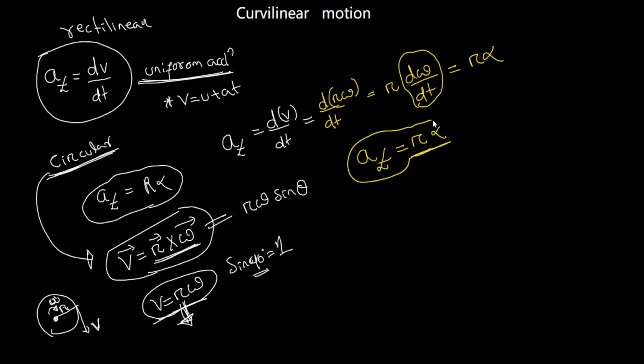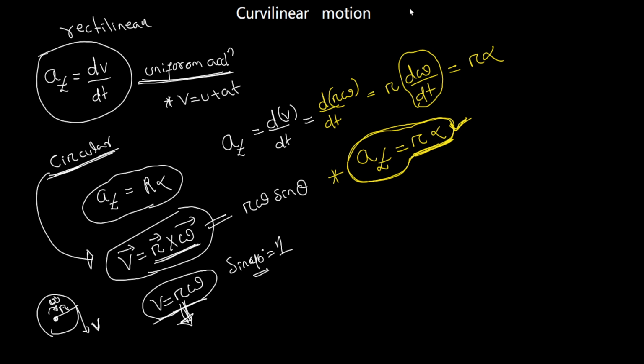We will discuss the terms related to angular velocity and angular acceleration in detail. Before that, I'm just deriving this one. Omega is angular velocity, so the rate of change of angular velocity is the angular acceleration, that is alpha. So you got the tangential acceleration formula as at is equal to r alpha. This one you need to remember.